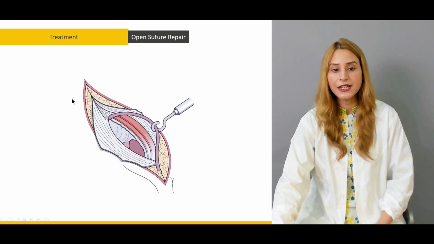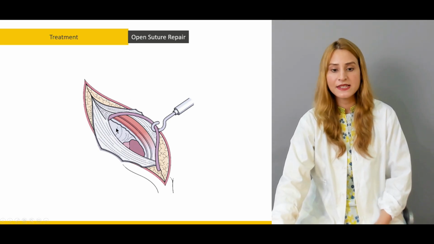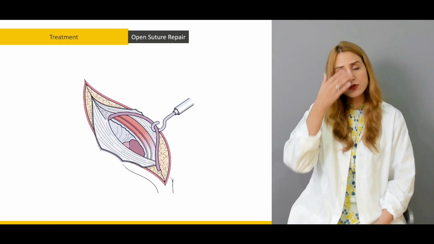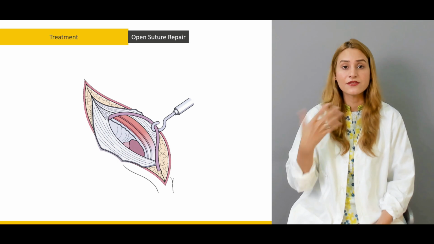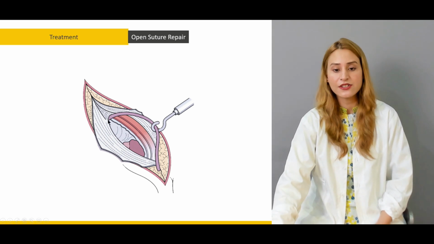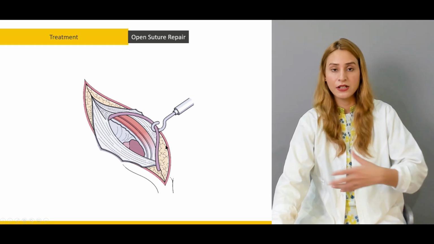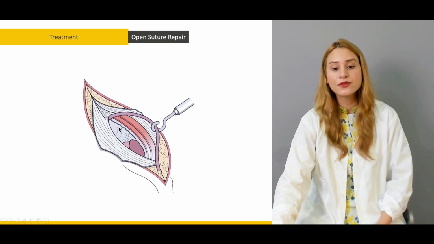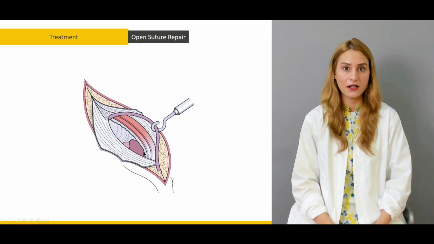But in case of the inguinal hernia, most of the time it's a transverse skin crease incision, right? So you give the incision, you open the skin, you cut the fascia, you go down, and you reach the spermatic cord, right?